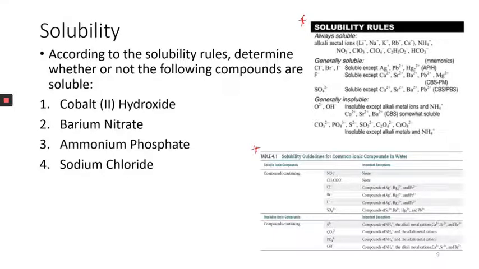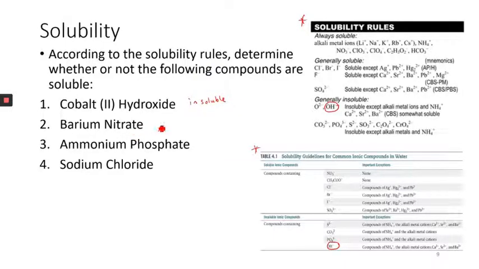If you find hydroxide, it says it is insoluble unless it's bonded with alkali metals and NH4. And down here, it says the same thing. Cobalt is not an alkali metal or any of those other three, so this will be insoluble.